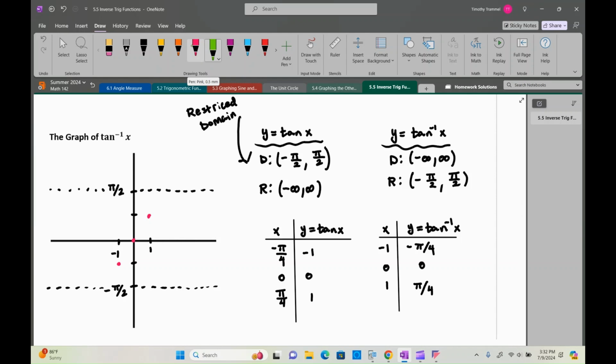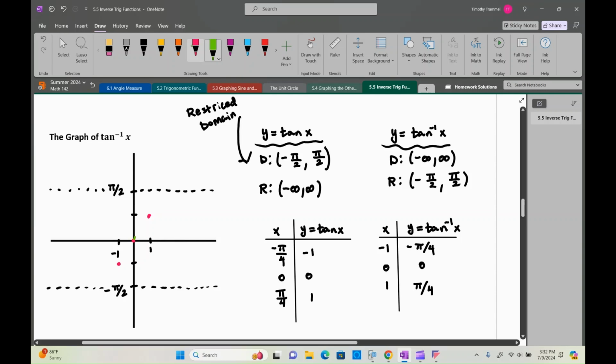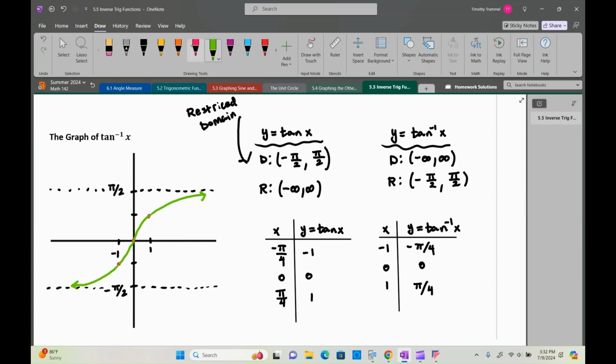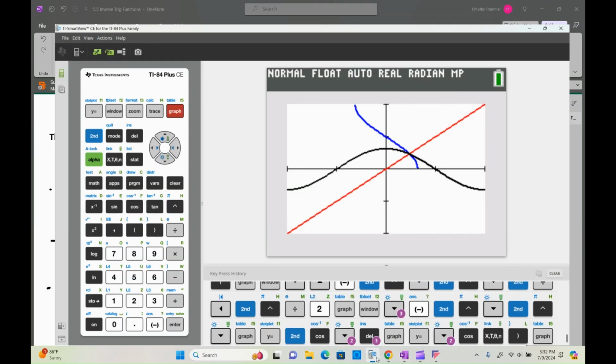It should wind up looking something like this. It should look like tangent reflected across the line y equals x. And we can verify this again on the calculator.